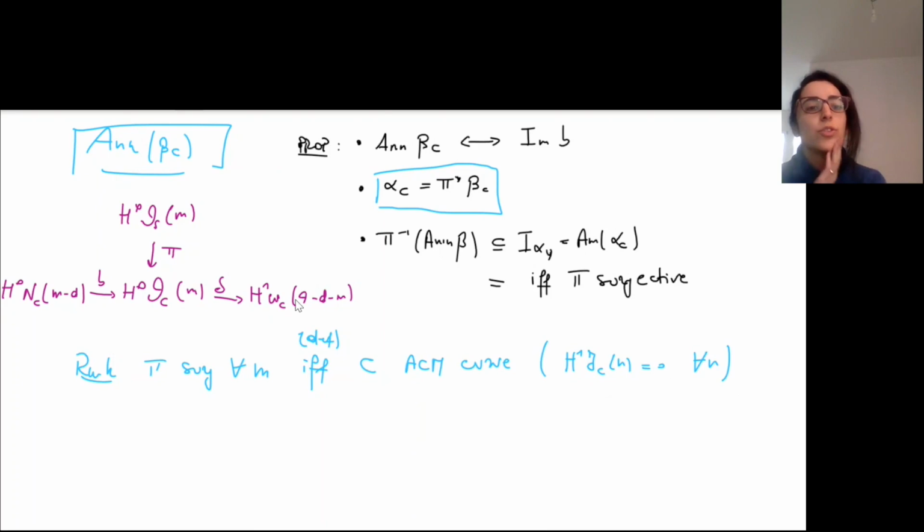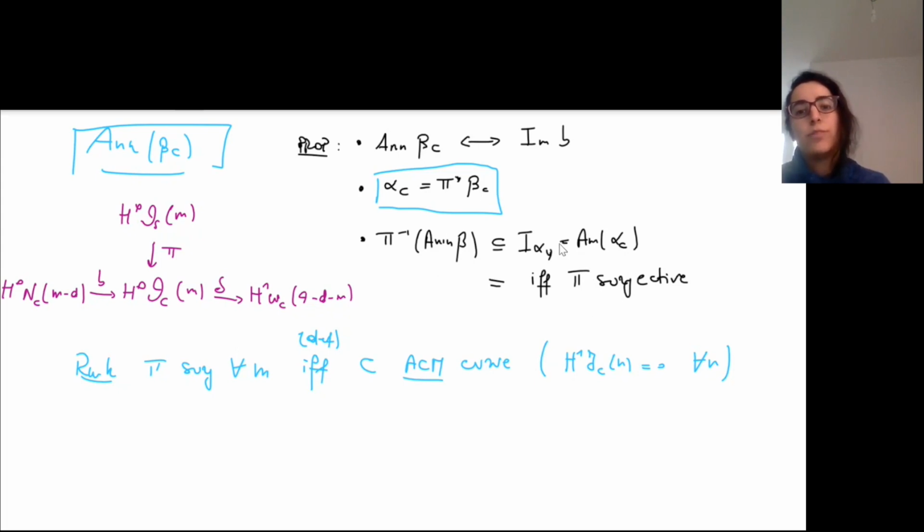So it's surjective because the kernel of this is the H0 of the ideal. So being an arithmetically Cohen-Macaulay curve means that pi is always surjective.